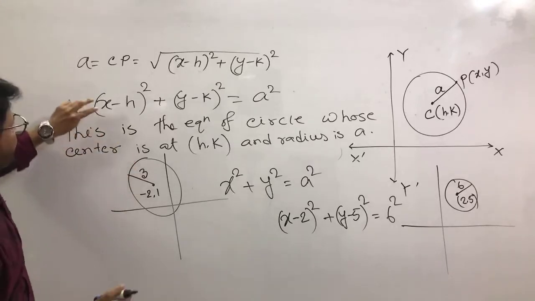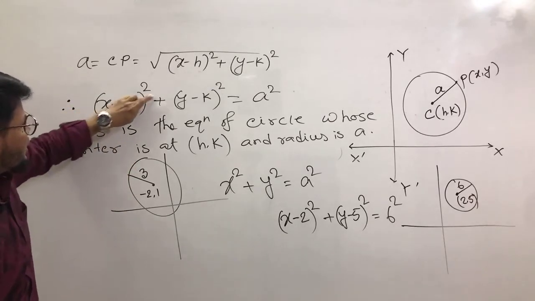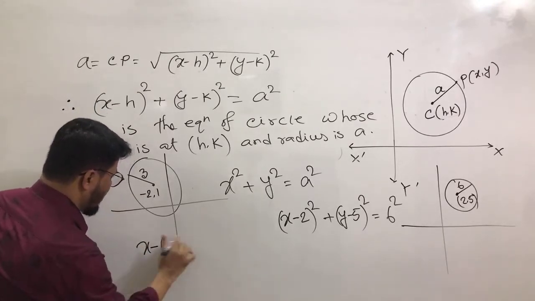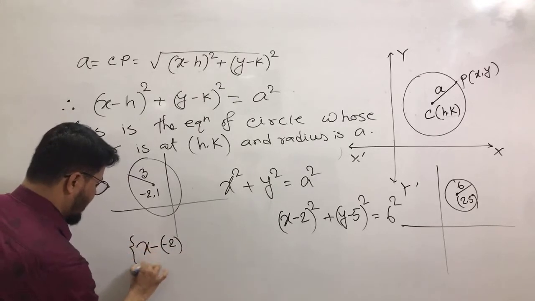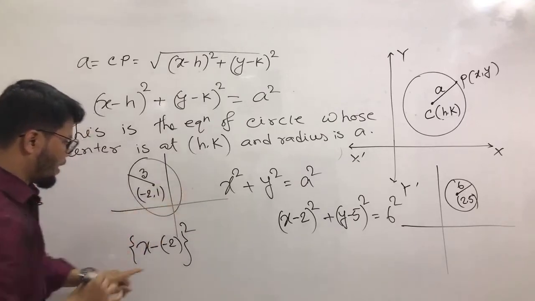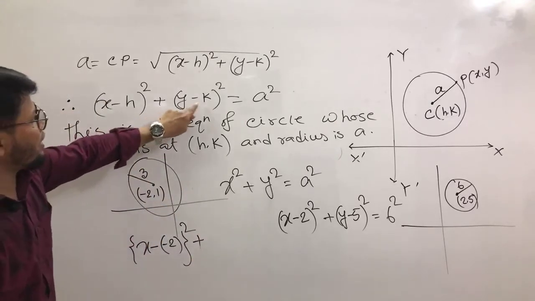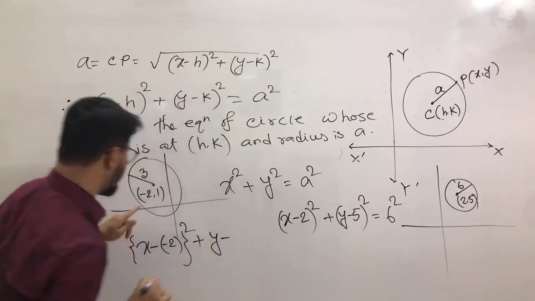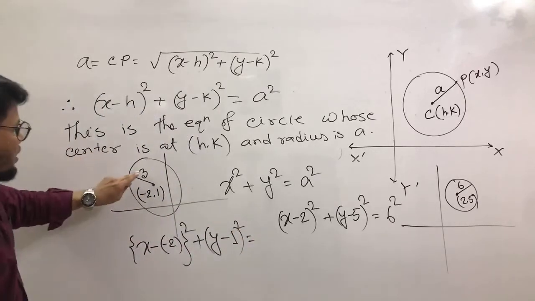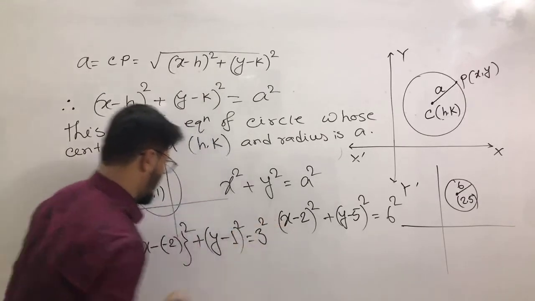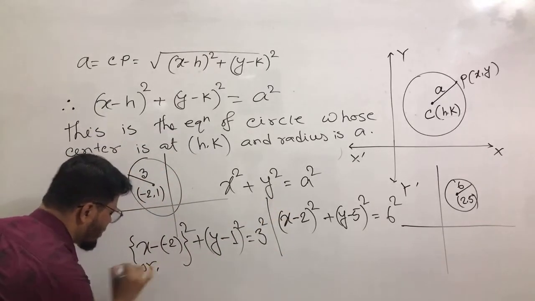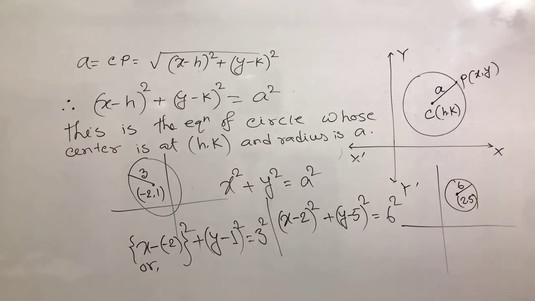So now x minus h whole square, where h means minus 2, the value of abscissa, plus y minus k whole square, where k is 1, equal radius square. Radius is 3, so 3 square.